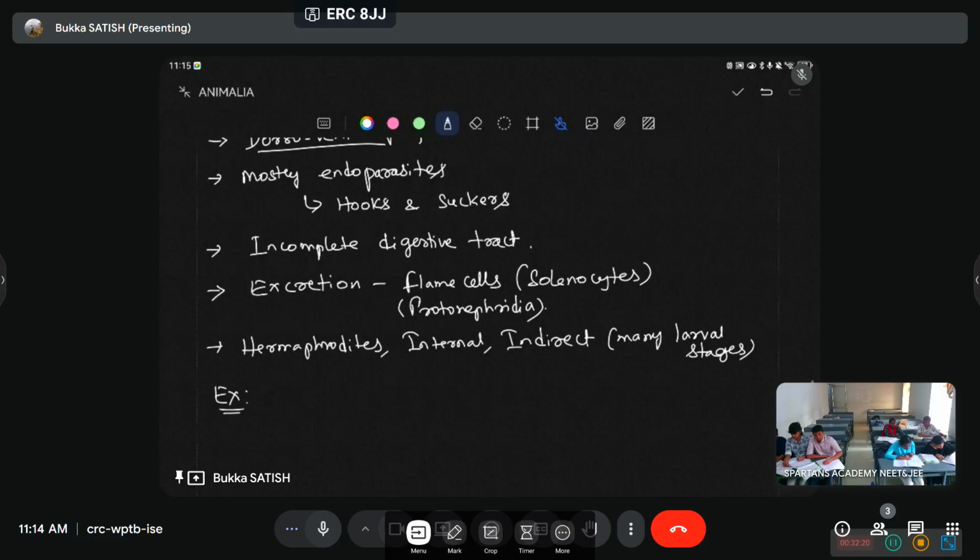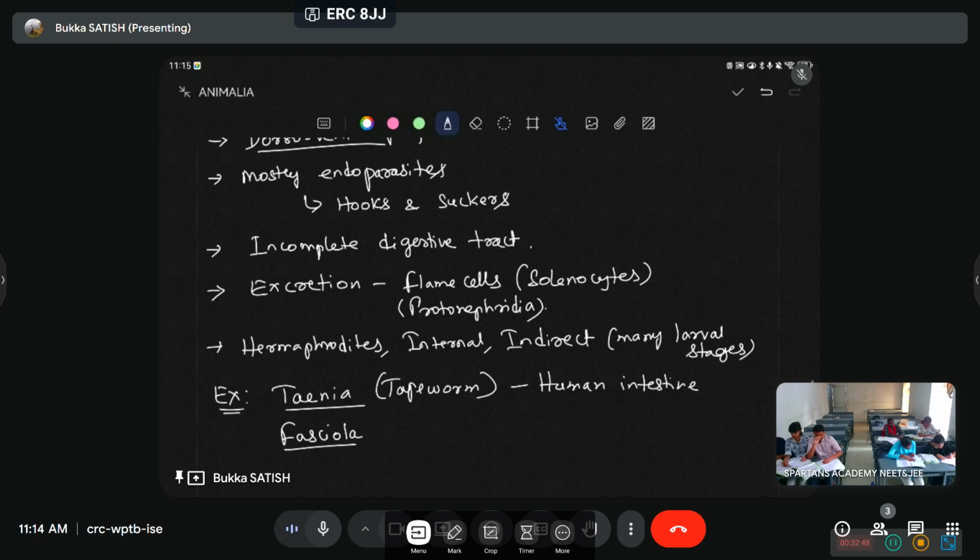Right. And finally, examples. Very important examples: Taenia, which is a parasite in the human intestine, which is tapeworm. Next, Fasciola, which is liver fluke.